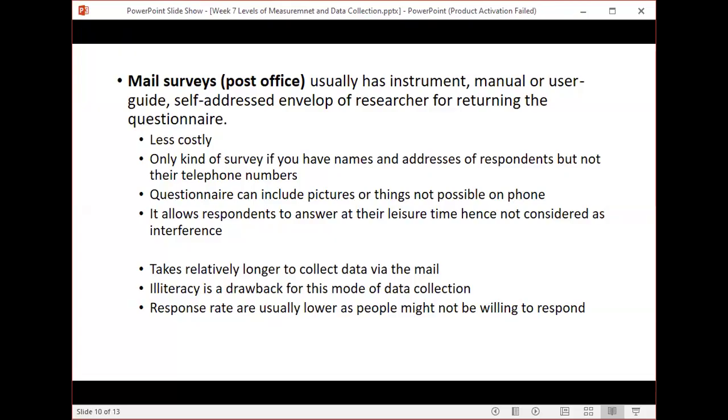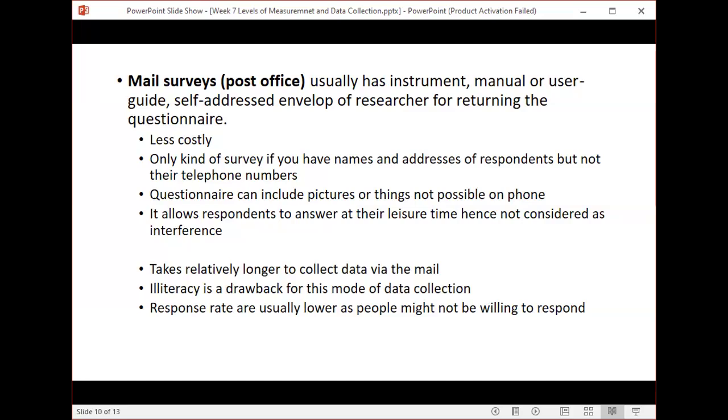Okay, these things work a lot in the advanced countries. You get your mail, you open it, it's from one company asking you to fill ABCD. You do that, you send it back to them because they put a self-address, something you can just put back in the mailbox, and then they'll come and pick it up, right? And so that is the mail survey.